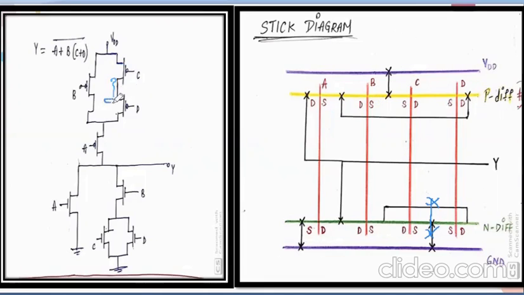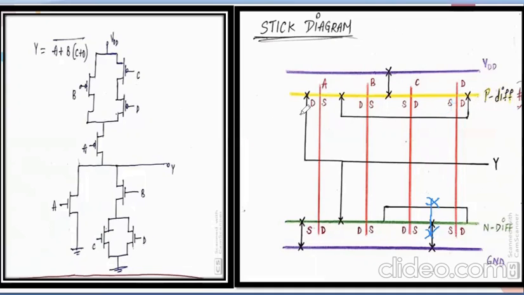This is the source of C, D, and this is the drain of D. Now my drain of C is connected to the source of the second PMOS, D. So the drain of C is connected to the source of D.